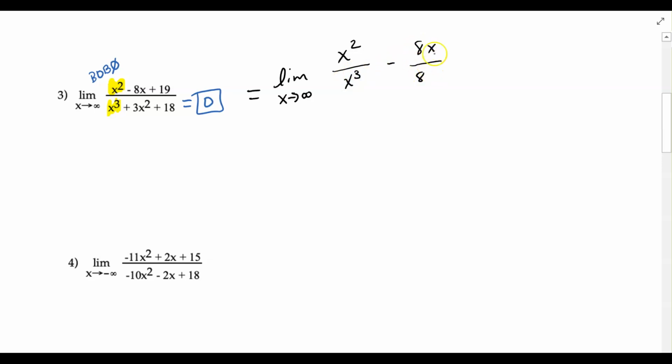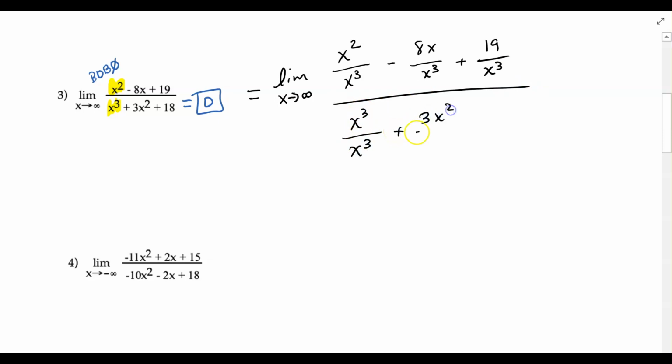8, I'm sorry, it should be x cubed again, plus 19 over x cubed, divided by x cubed over x cubed, plus 3x squared over x cubed plus 18 over x cubed. Looks something like that. Now you could use some formal rules of algebra to simplify this.